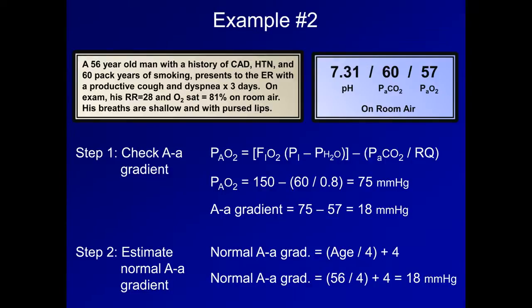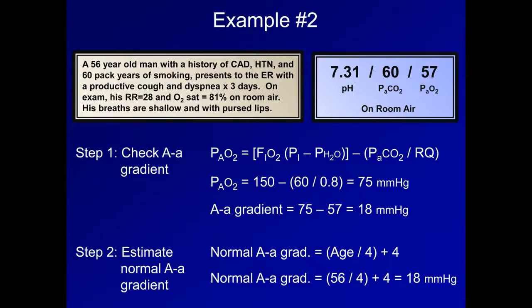This is an important result when we consider the differential diagnosis of his overall presentation. Without the ABG, if we were just told that the patient presents with cough and shortness of breath, and he's found to be tachypnic and hypoxemic, one might be most concerned about pneumonia. However, when pneumonia causes hypoxemia, it does so by either causing VQ mismatch or functional shunt, both of which lead to high AA gradients.